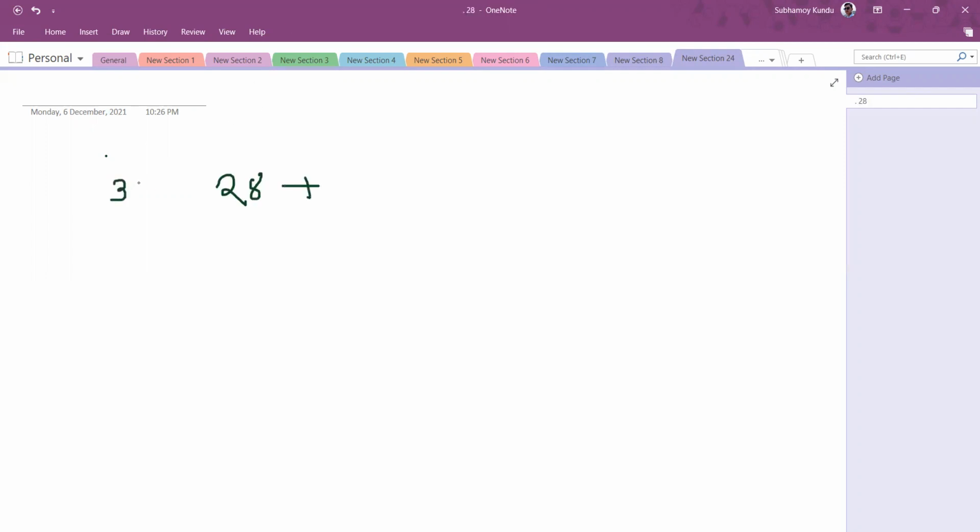If it is 31, it is nothing but 28 plus 3. If it is 30, it is nothing but 28 plus 2.